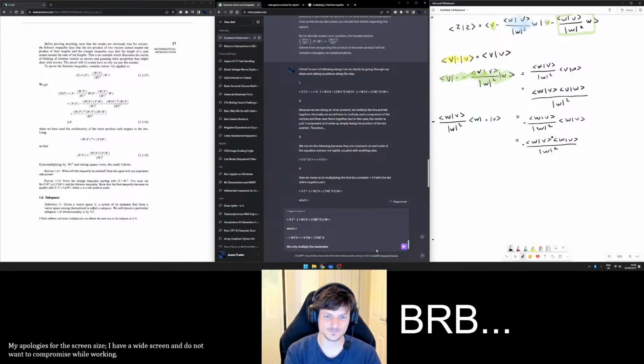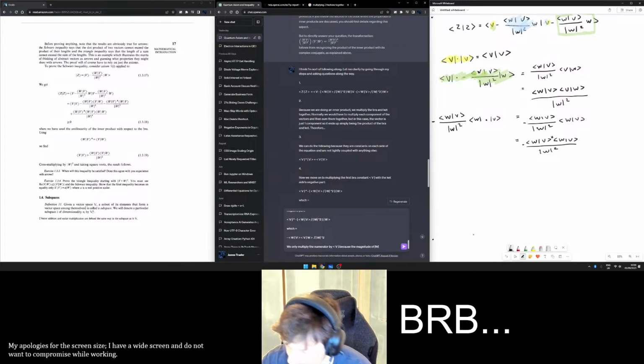Numerator by V, because the magnitude of W. Oh, is it because of that? Because the magnitude of W is equal to the square root of W.